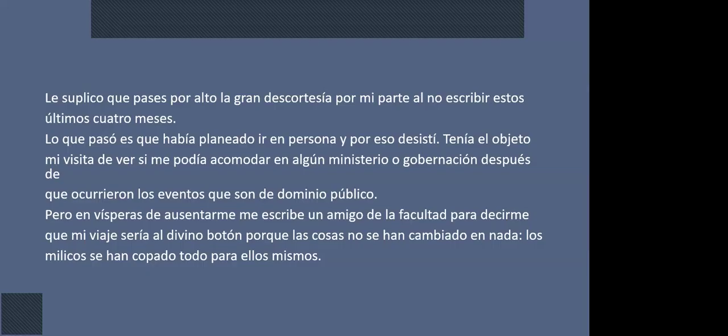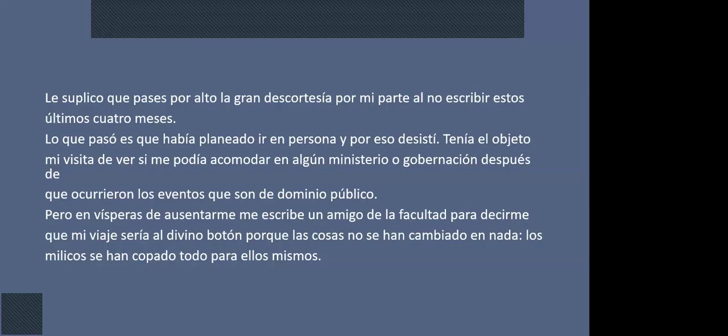If you could recommend me to some position in a government or a ministry after the events that you know about, or the known events, or the past events, something happened with him, probably he was fired or something occurred, he lost a position he held before, we don't know, right?